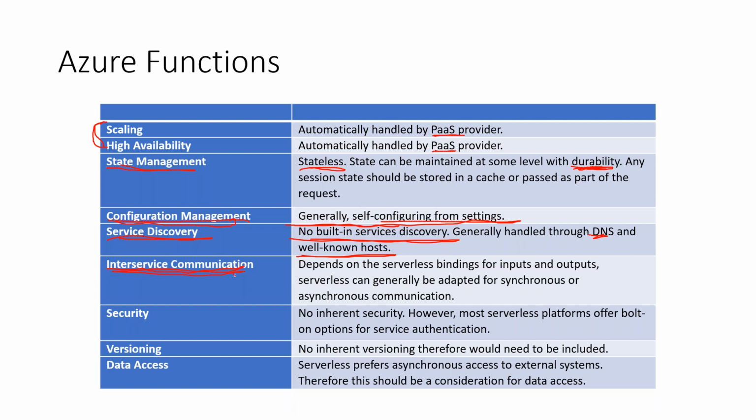It can be an HTTP request, it can be putting a message on a queue or something like that, but the bindings really handle that. They can generally be adapted for synchronous, but asynchronous is generally going to be the best way to go with Azure Functions, is to use the asynchronous patterns there.